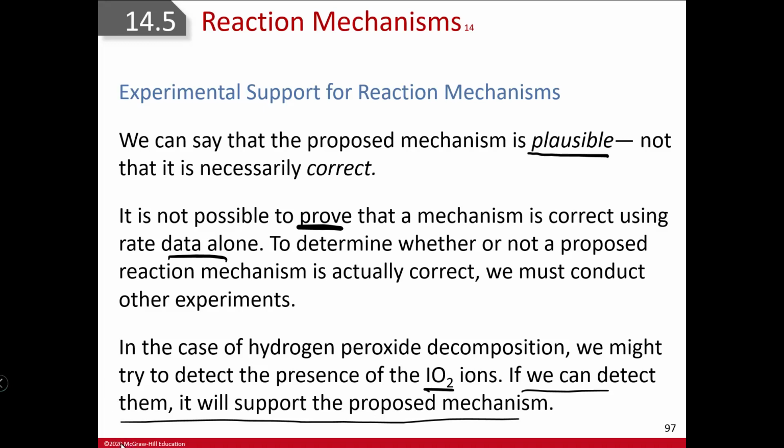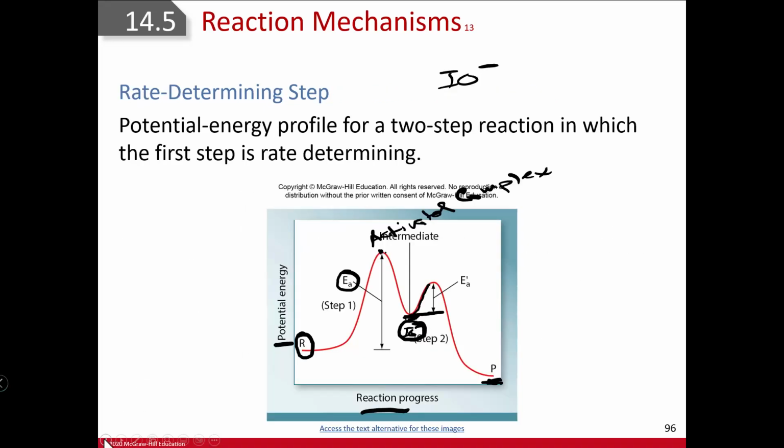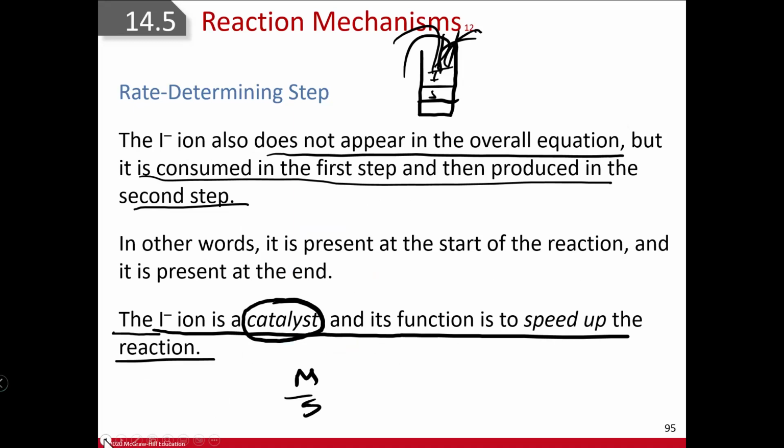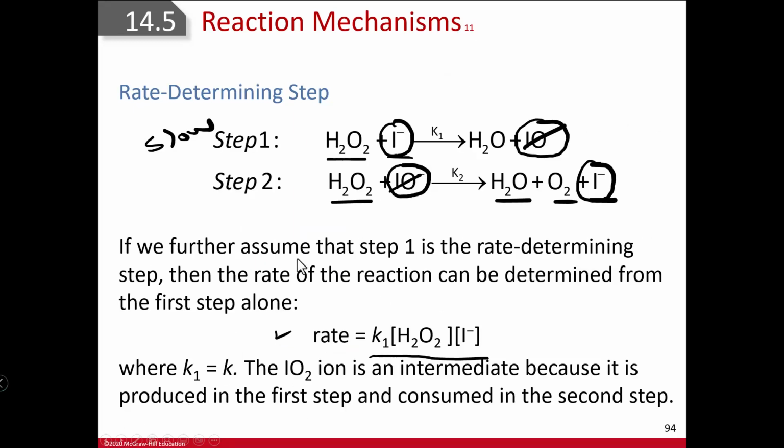And that's something you do as a chemist. You don't know what's going on in the reaction, so you have your ideas, you write it down on paper, you expect this. Again, if you think this reaction mechanism was correct, then you suspect that this IO negative, let me check something there. Yeah, IO negative is present.